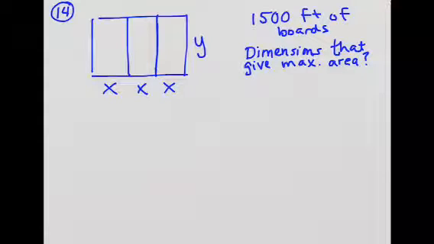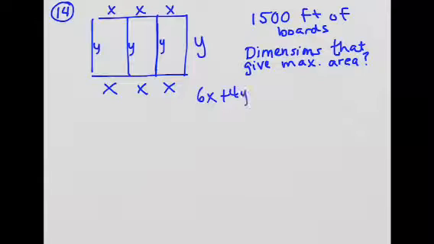So let's go ahead and set up equations for what we know. I've got x here, so I also know that this is x, right? Because they're the same measure, and then I know that these are y's. So I have a total of 6x plus 4y.